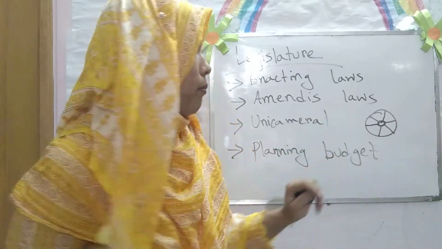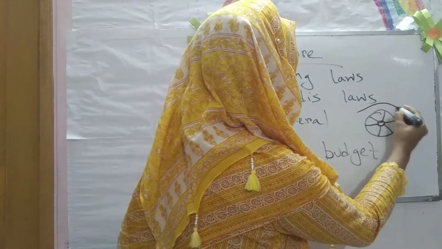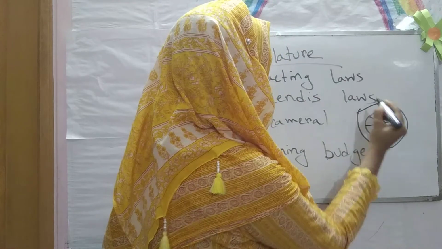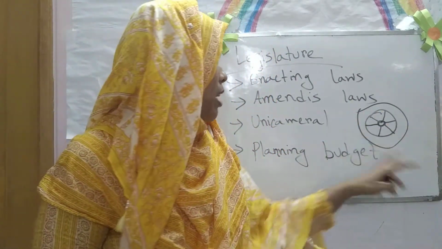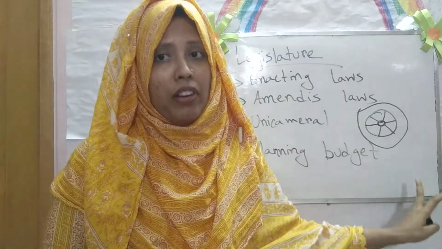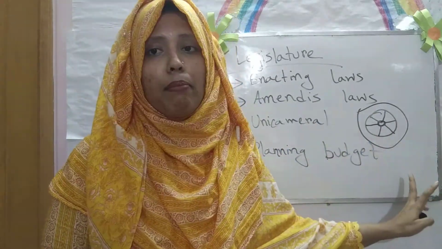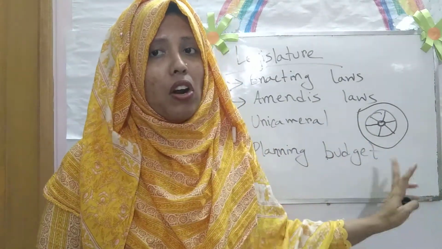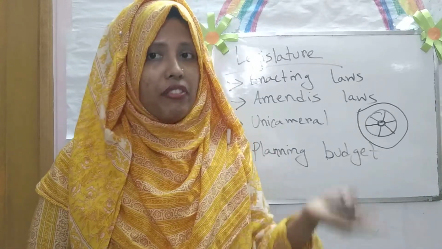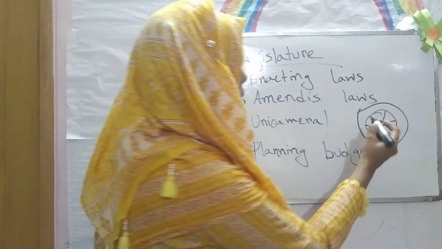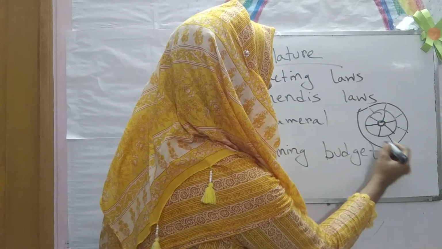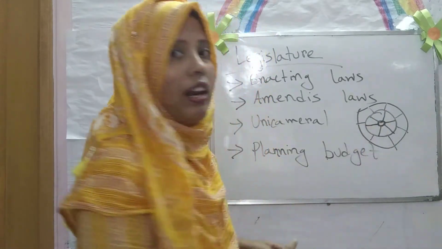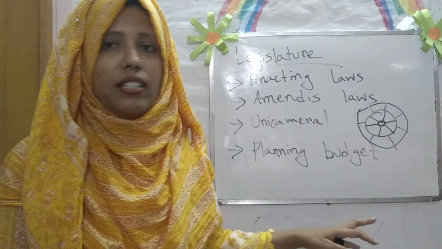But bicameral means another chamber. About unicameral and bicameral parliament, we have already read in our previous classes. Bicameral means two chambers of parliament, like India, like the United States.